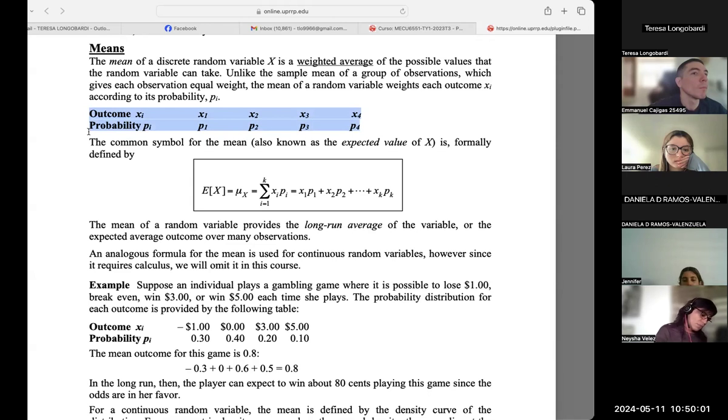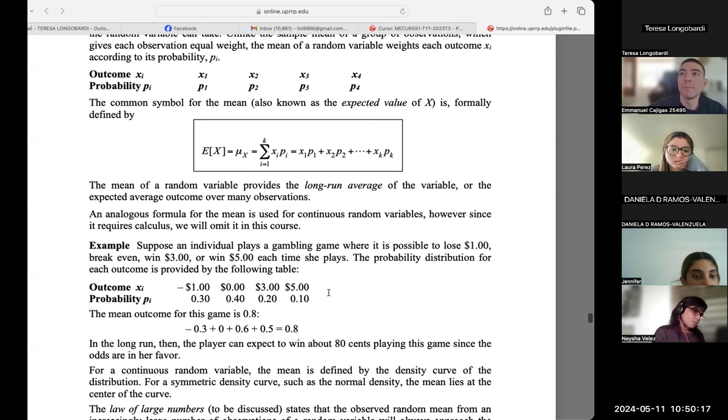But I give you a table with only a few values, because for a continuous distribution there are infinite possibilities. How many possibilities are here? Just 4.